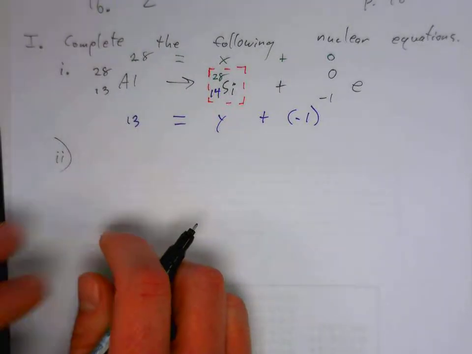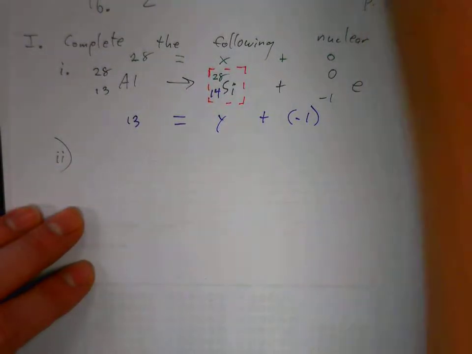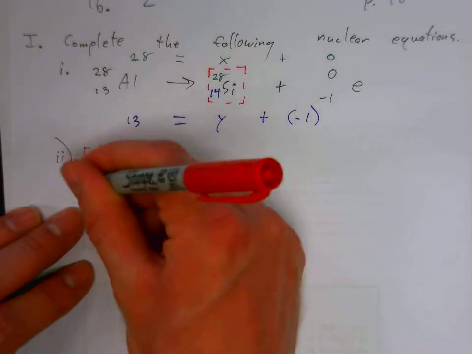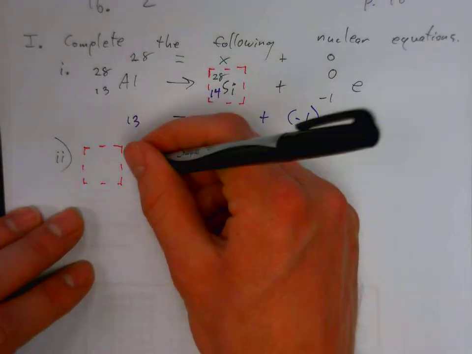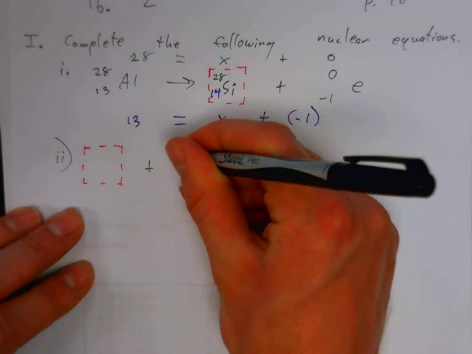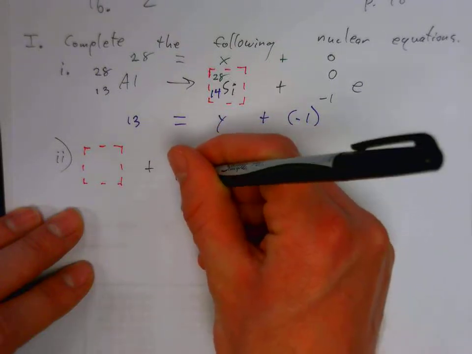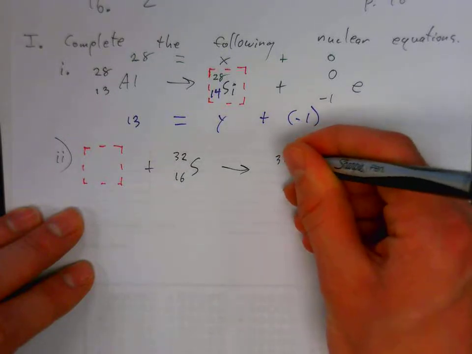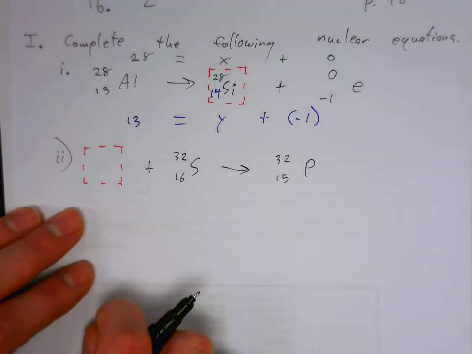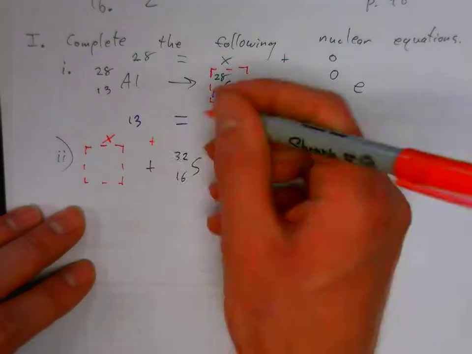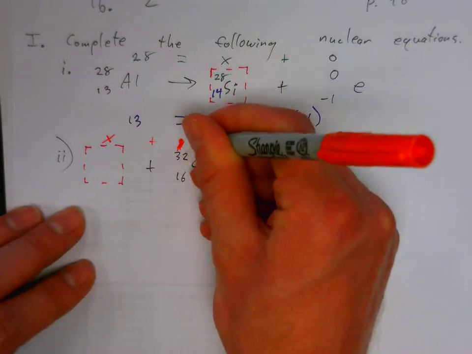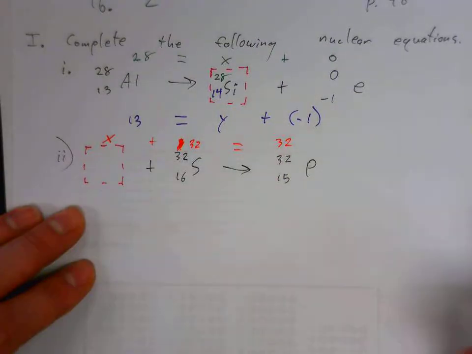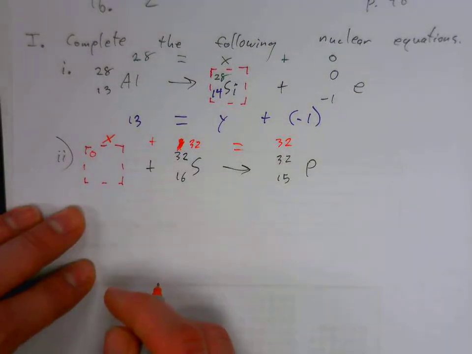Let's try this one. An unknown particle bombards sulfur 32, which produces phosphorus. In this example, on the top, x plus 32 equals 32 plus 0, so x is 0.